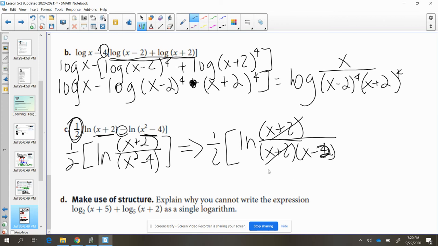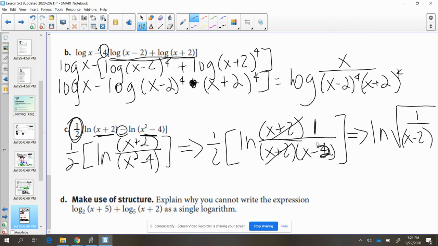Now, we don't have to. You don't have to for this case, but it sometimes might be a nice trick. And then last but not least, we would want to take ln, and if we move that 1/2 inside, it really is the same thing as saying the square root. Okay.